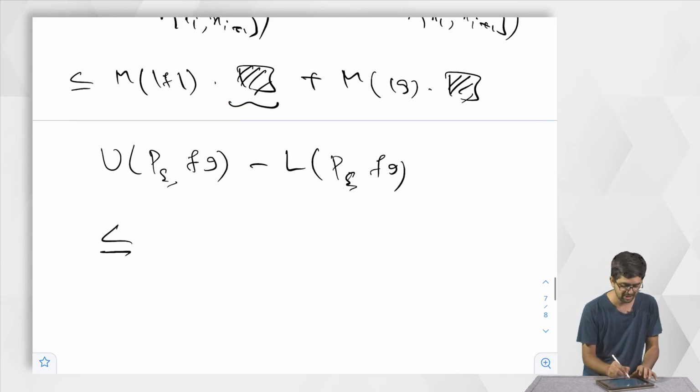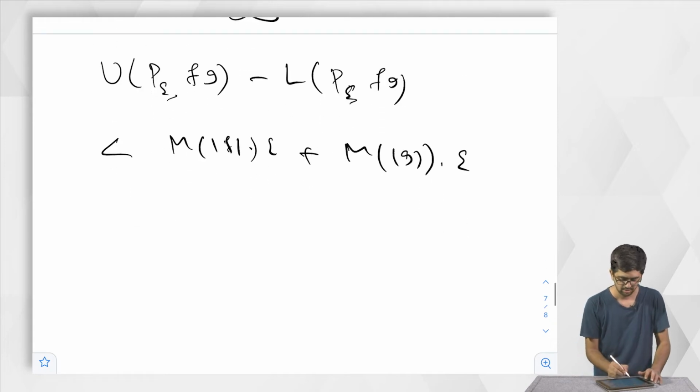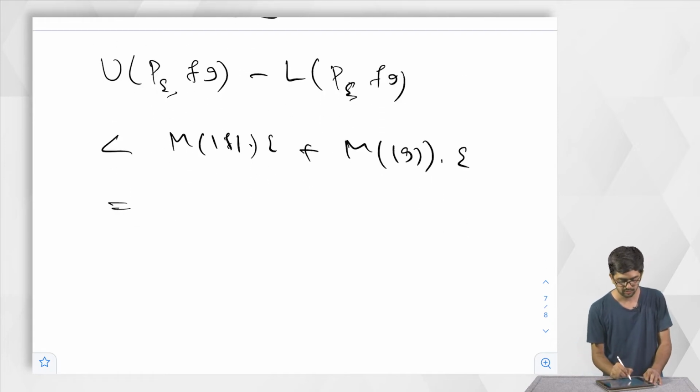So this is m_f times epsilon, plus m times mod g times epsilon. You can take epsilon common, that is equal to epsilon times (m times mod f plus m times mod g).